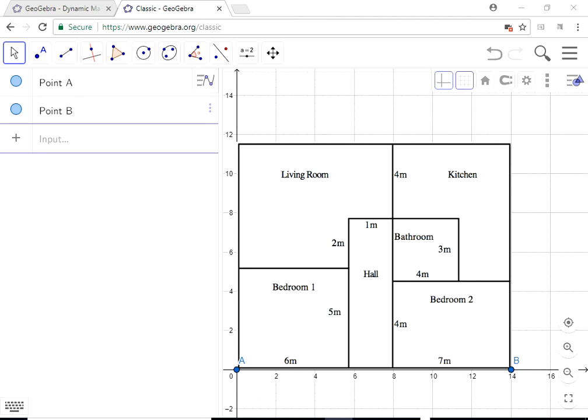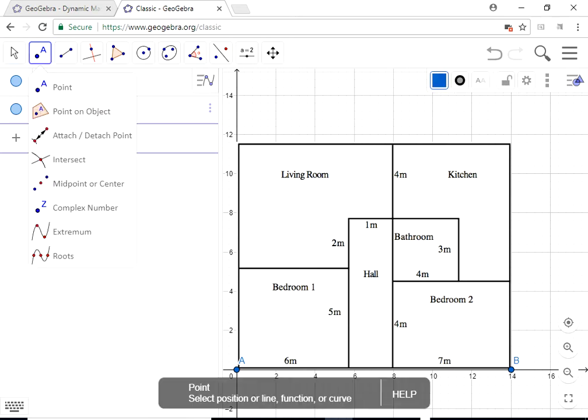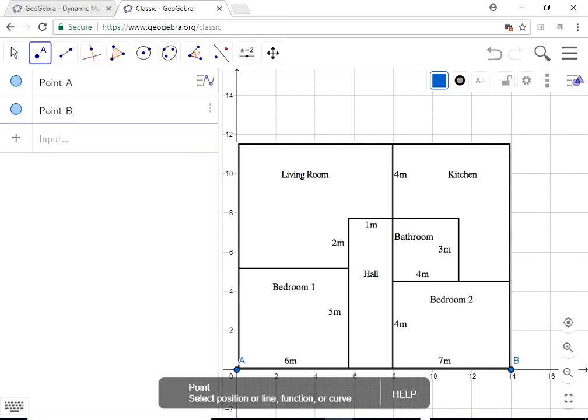So first we need to start off by putting points on here to make it easy to find those distances. So we're going to start by adding points to this picture here.